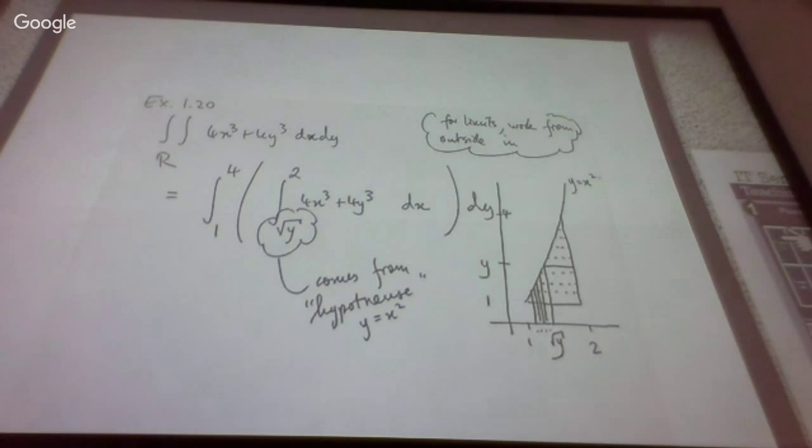Now this will have a certain evaluation. You can see it in the notes. I won't go through it on the board again. But once you reach this stage, you can just proceed with the evaluation as we have before. The only difference is that you've got a non-constant limit of integration. You just handle that in the same way.